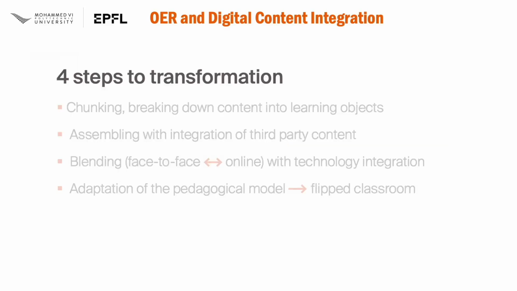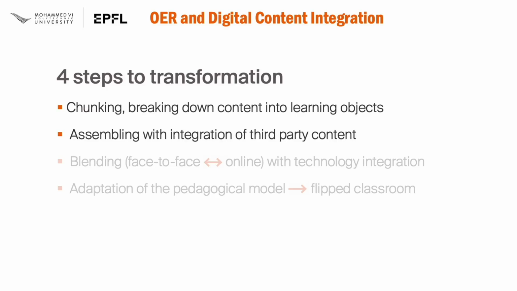So, here's a recipe to radically transform one of your existing courses. It goes through 4 distinct steps. First, do the chunking, that is, break down the content of your course into its elementary units or learning objects. Second, assemble your course by integrating third-party content such as open educational resources.